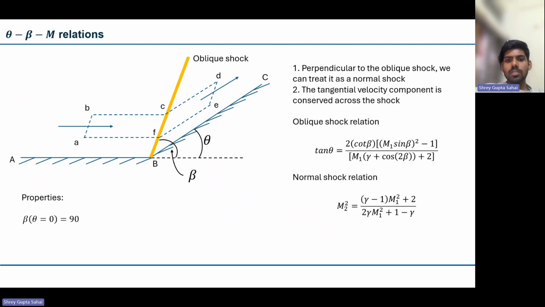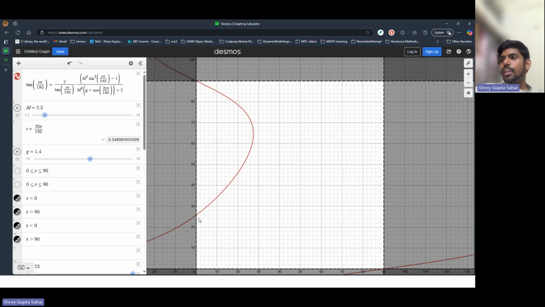Wait, sorry, that's not true. Actually, there are two solutions to it. So let me point that out too. At theta equals 0, there are two solutions.